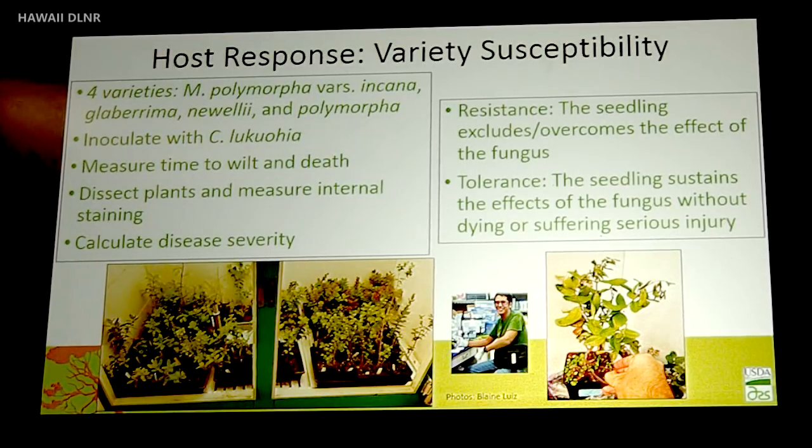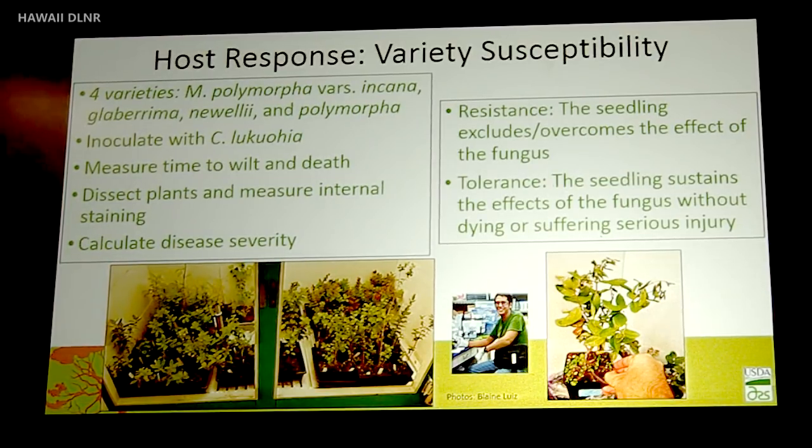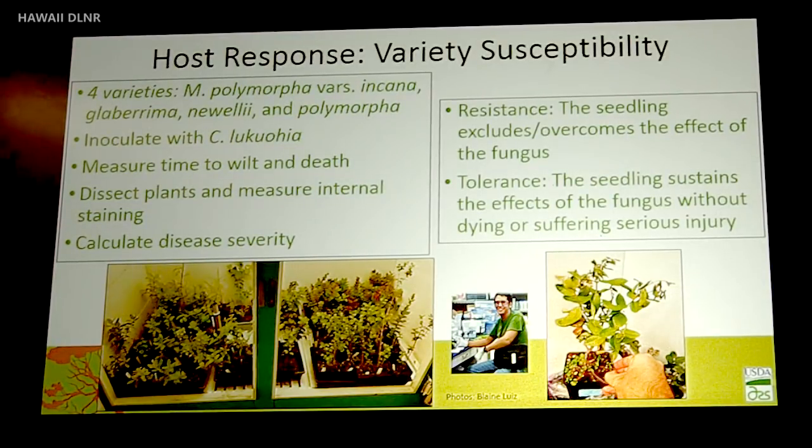You start to see those first symptoms. Do the seedlings die and how long does that take? You now actually look inside to where the fungus colonized, how much is discolored inside. You can calculate disease severity based on height of seedling and how much discoloration is present, okay?